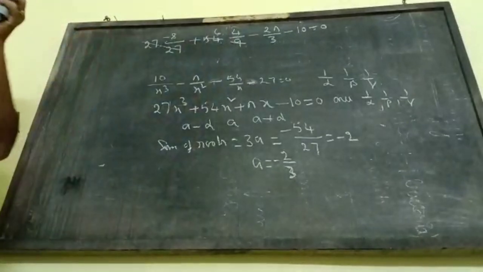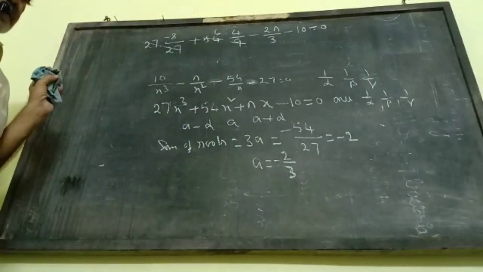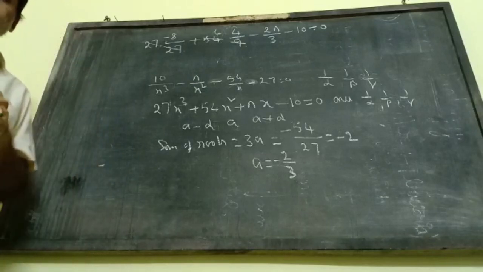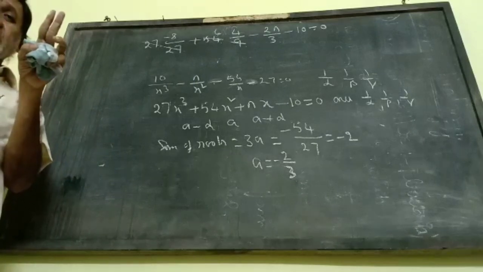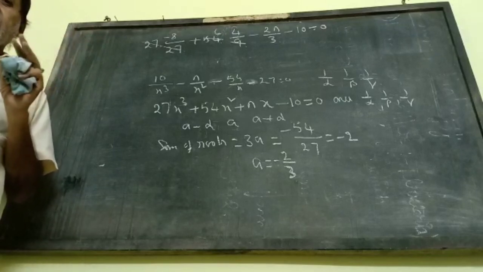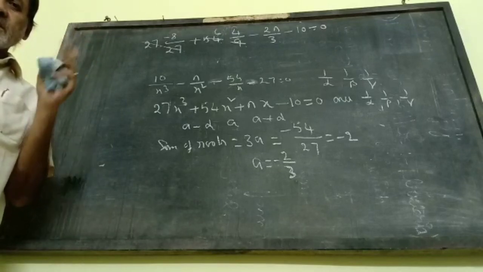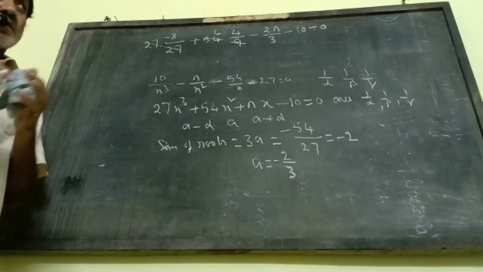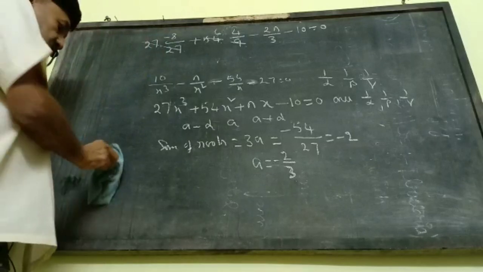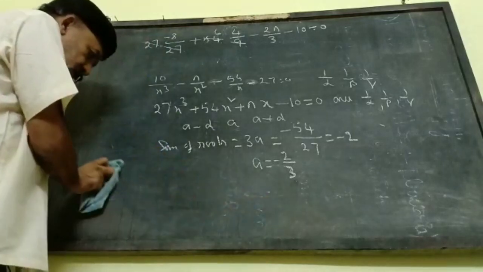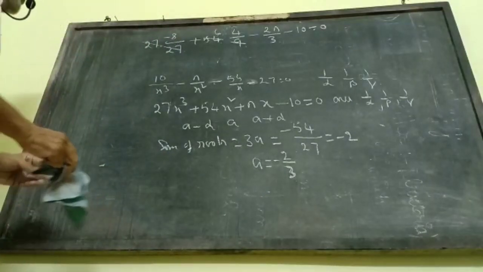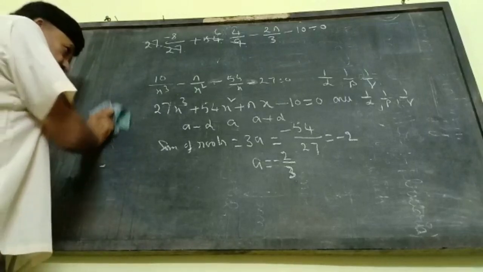Is it possible to get the n value? So you can easily calculate your n value. So whenever in the problem roots are in HP, you replace in that equation x with 1 by x. Then for the resultant equation, roots will be in AP. Like that, you can complete this problem. The n value, I think you can directly get it. This is what you are supposed to do. Yes, understood?